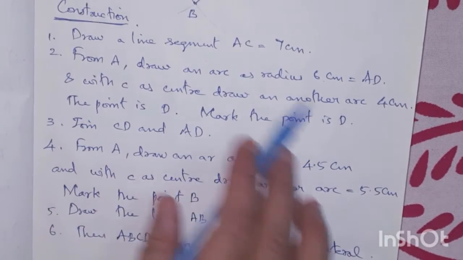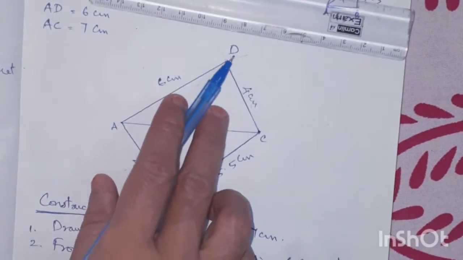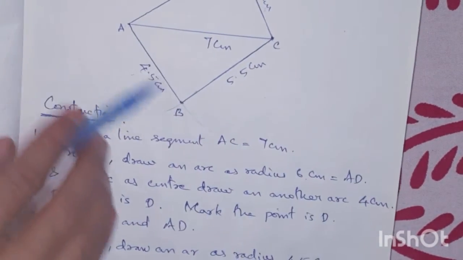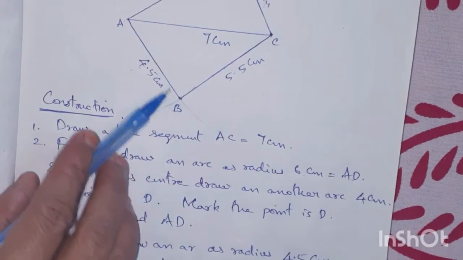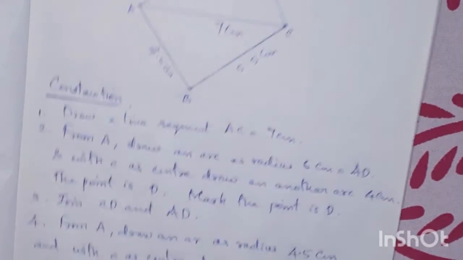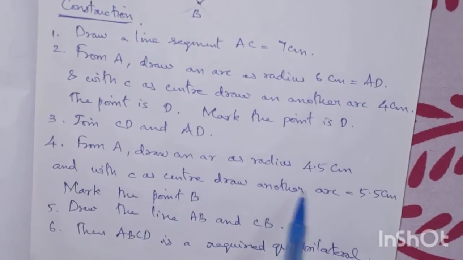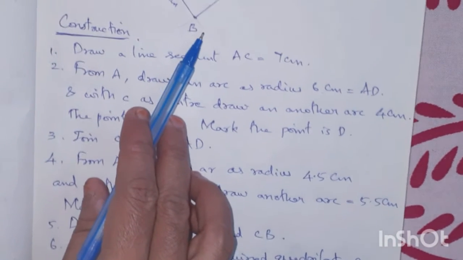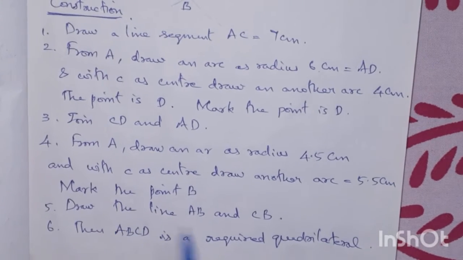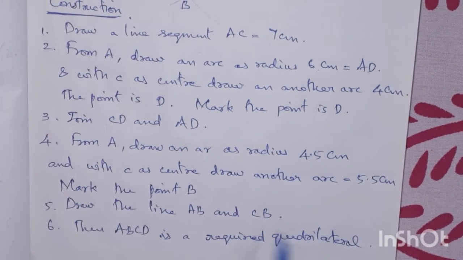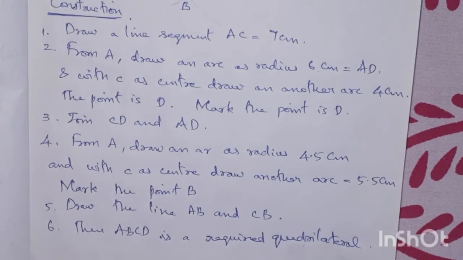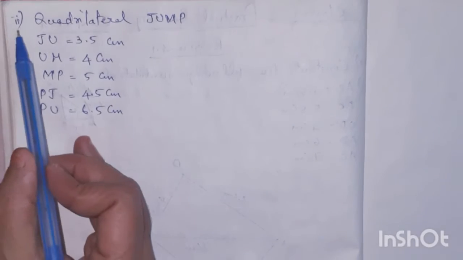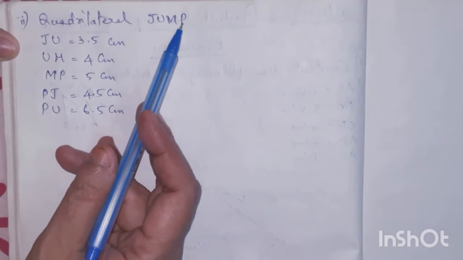Then mark the point D. Next, from A as center 4.5 centimeter, then C as center 5.5 centimeter, draw another arc and mark the point B. Then draw the lines AB and CB. Then ABCD is the required quadrilateral. That is the diagram.